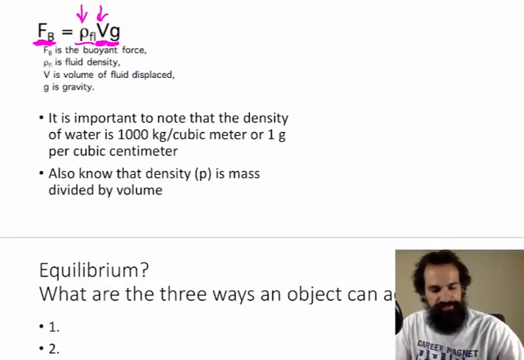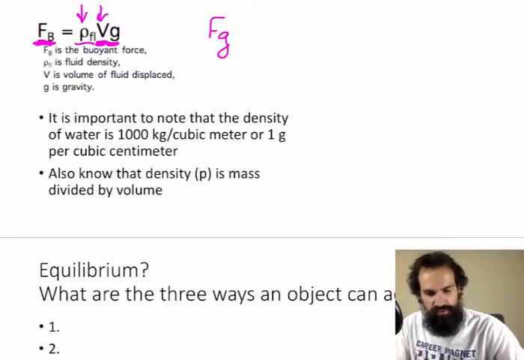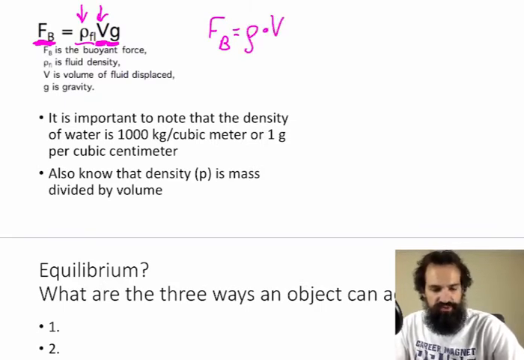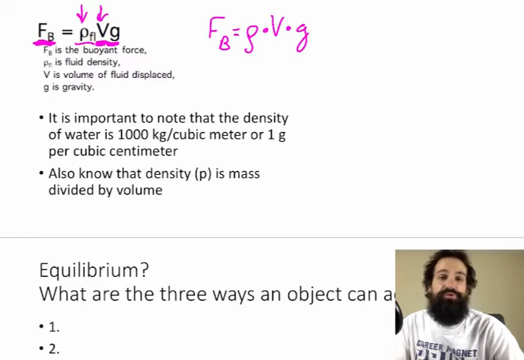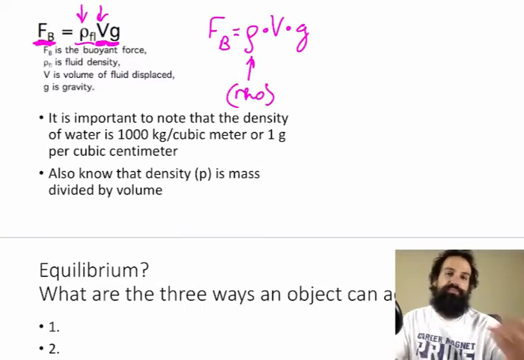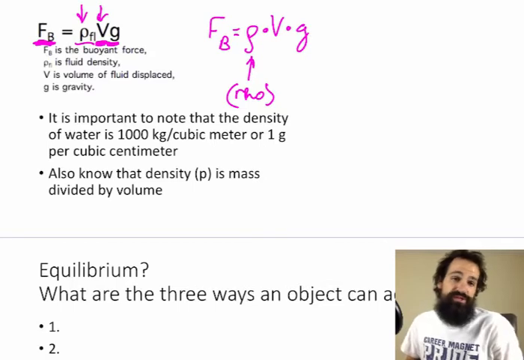So the buoyant force, even though I already have it written over there, is the density of the fluid times the volume submerged times the value of gravity. Or this Greek letter rho, Rho Vg. So the buoyant force is equal to rho Vg.